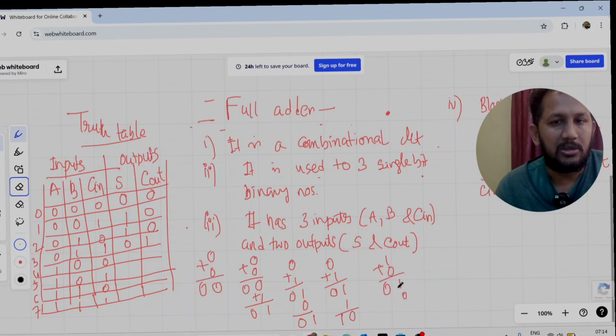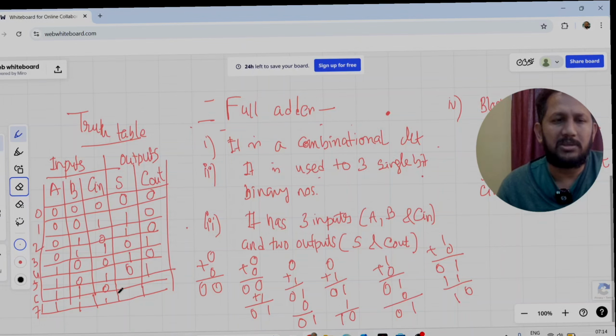Then next 1, 0, 1: 1 plus 0 equals 1, then plus 1 is 0 with carry 1, meaning 1, 0. Next 1, 1, 0: 1 plus 1 is 0 and carry will be 1, then 0 plus 0 is 0, so sum 0, carry 1.